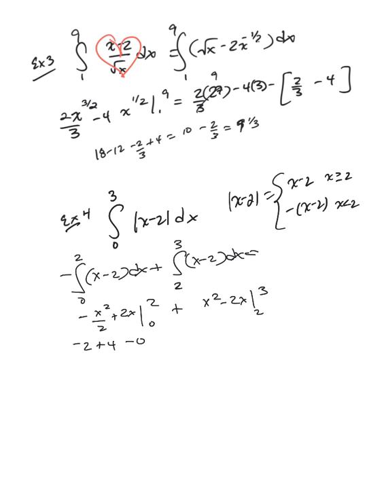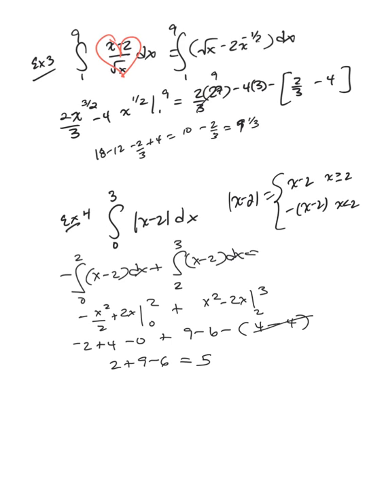Okay, minus 0. Plus 3 squared over 2 minus 6, minus the quantity, 2 squared over 2 minus 4. Oh, lucky us. So we get 2 plus 4.5 minus 6 minus the quantity negative 2, giving 5.